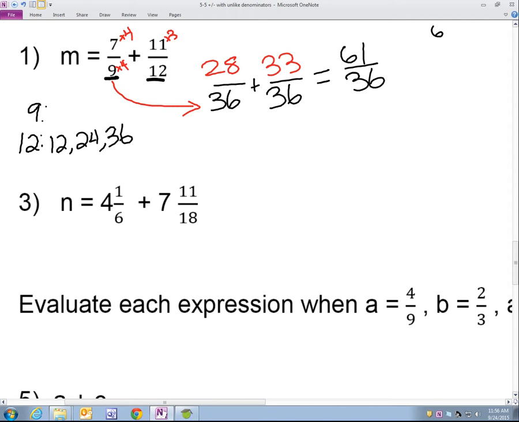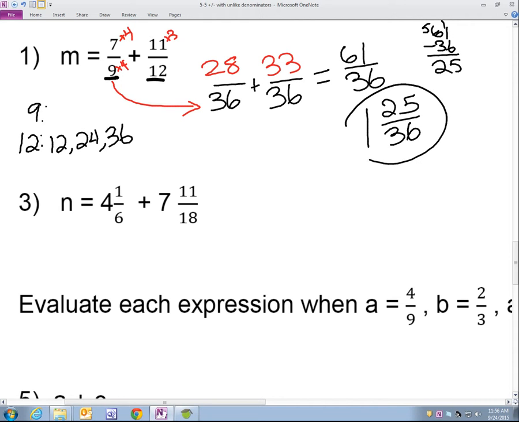You do 61 minus 36. So I have 1 and 25 36ths. And there's nothing that goes into both of those numbers.